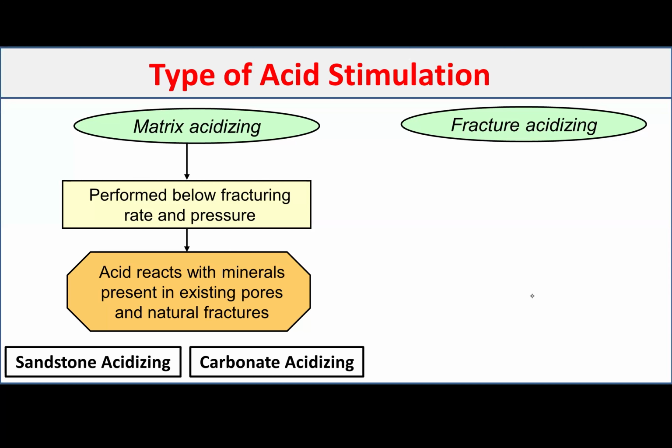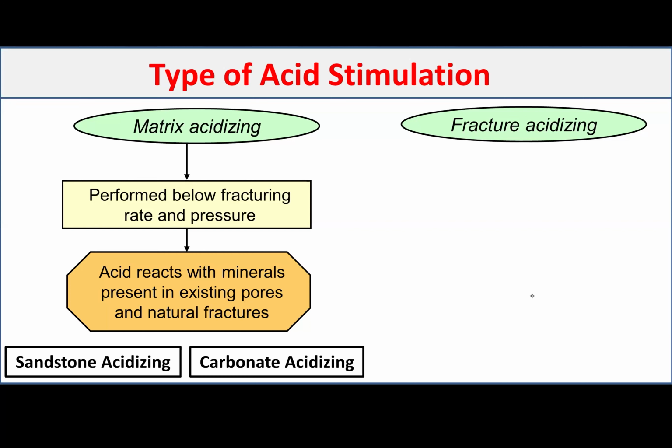And for matrix acidizing, we have two main types depending on the formation that we are injecting in. The first one is sandstone acidizing, and that's when you are injecting acid in a sandstone formation. And usually, if we're talking about sandstone acidizing, which we'll discuss later, we're talking about HF acids, some sort of hydrofluoric acid treatment.